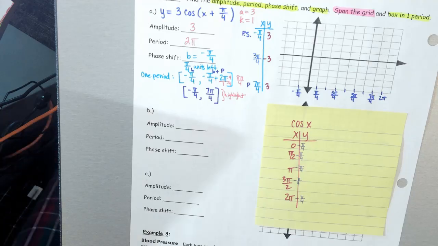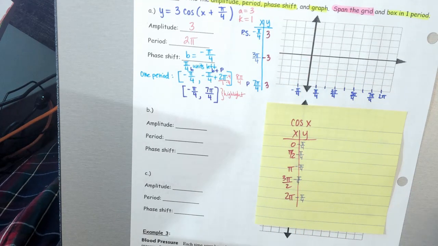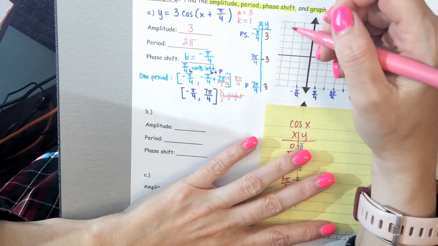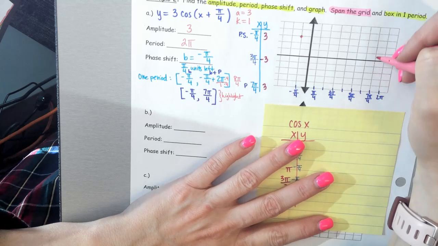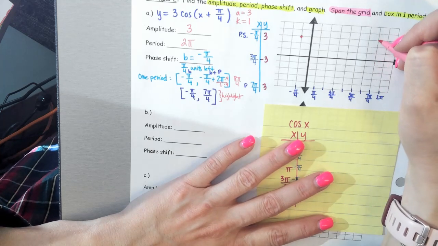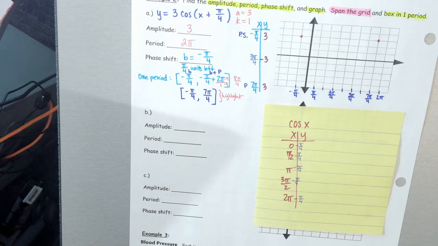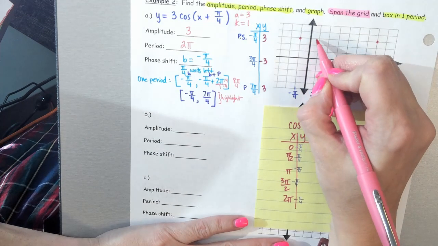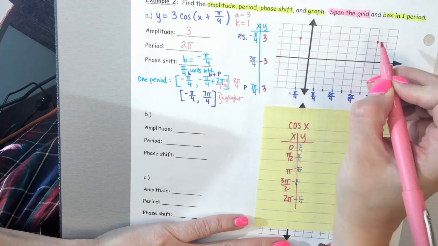Or something that you can always do is, when you start at negative pi over 4 and you're at 3, and you end at 7 pi over 4 and you're at 3, you can just count your units and find the halfway point. So 1, 2, 3, 4, 5, 6, 7, 8. This is 8 units across.